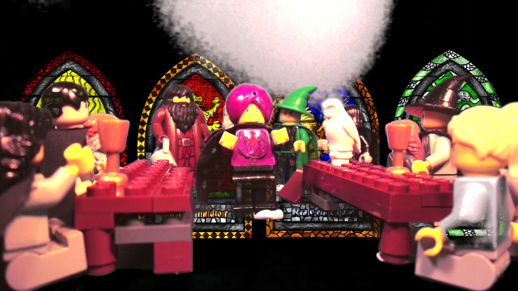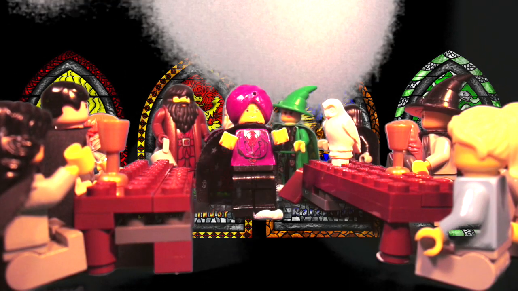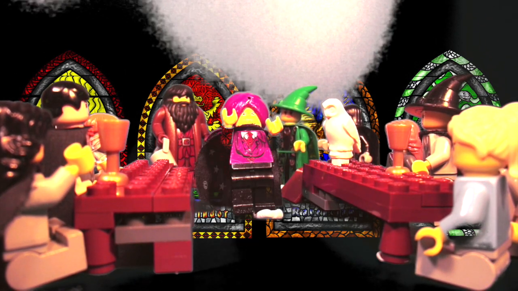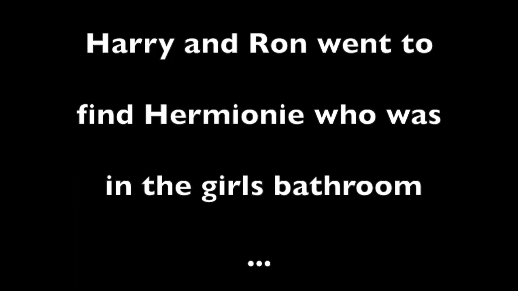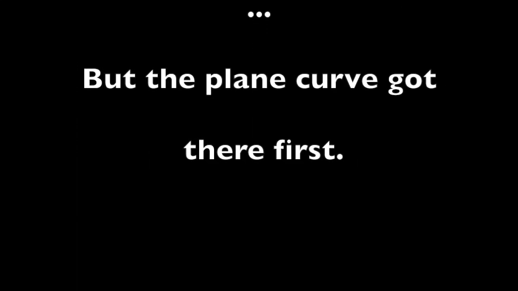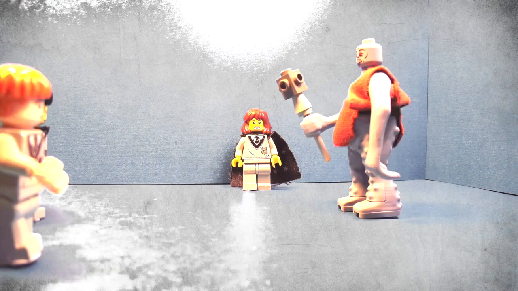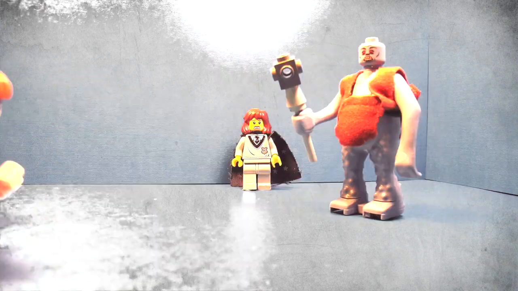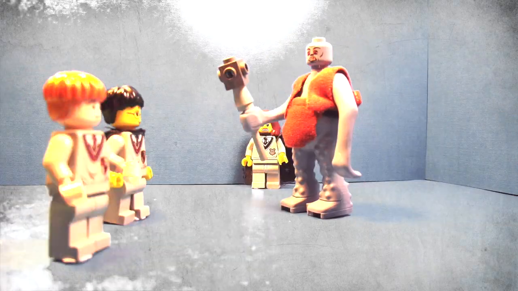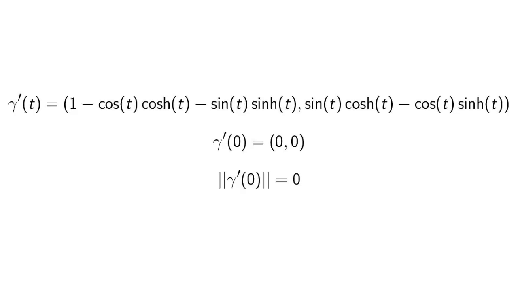Curve in the dungeon! Curve in the dungeon! Who would you want to know? Hermione! Oh no, it's a plane curve. Ron, find out if it's regular. It's not regular, it's equals 0.